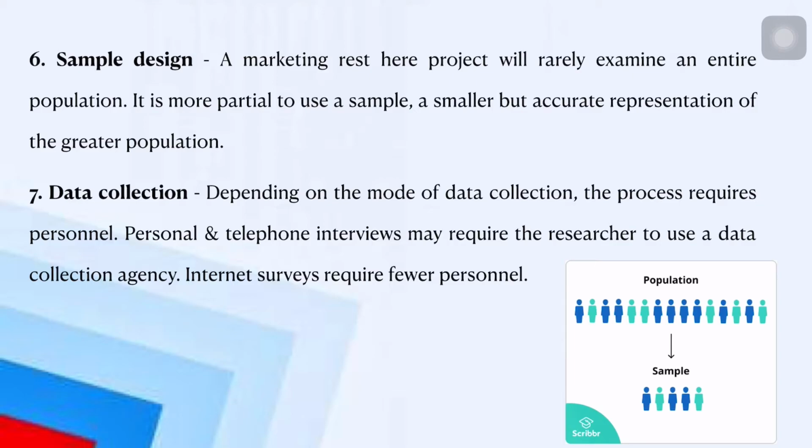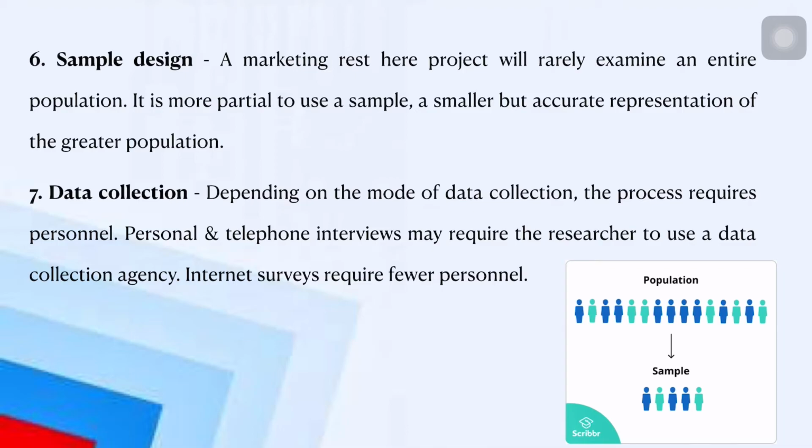Now you have known the data collection techniques, and now we're going to collect the data, right? So this process requires personnel, because it is human beings or personnel who need to collect the information. Now the number of people required may depend upon what kind of data you're collecting. If it is personal or telephonic interviews, right, then you might use a data collection agency, correct?